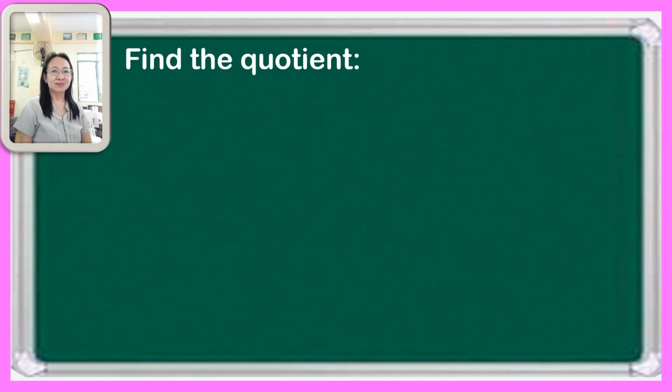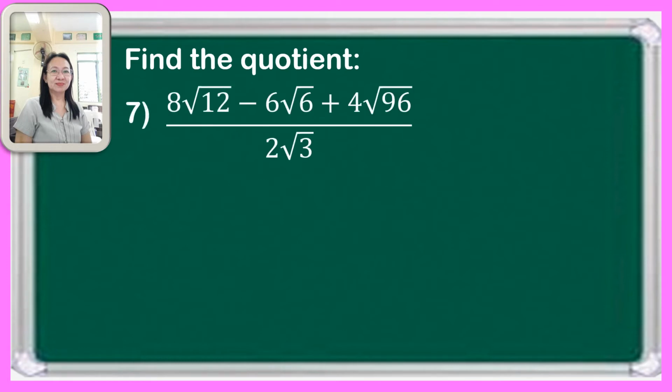Now, since I explained the process in dividing radicals using one term, let me give you another form of dividend. For number 7, our given is 8 square root of 12 minus 6 square root of 6 plus 4 square root of 96, all divided by 2 square root of 3.